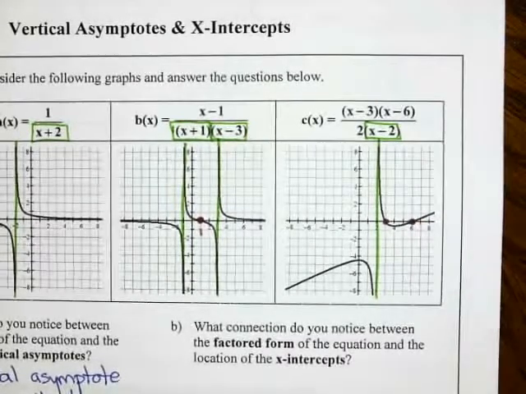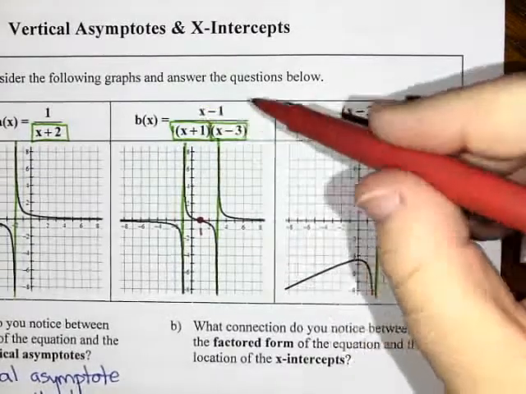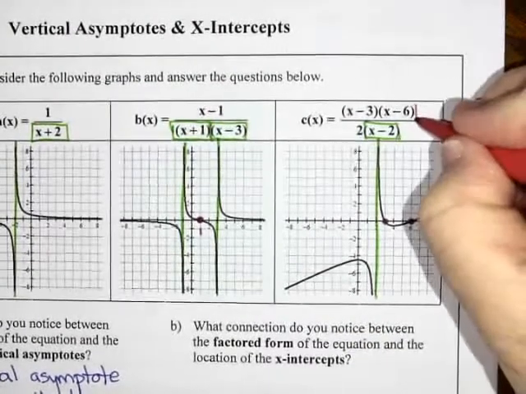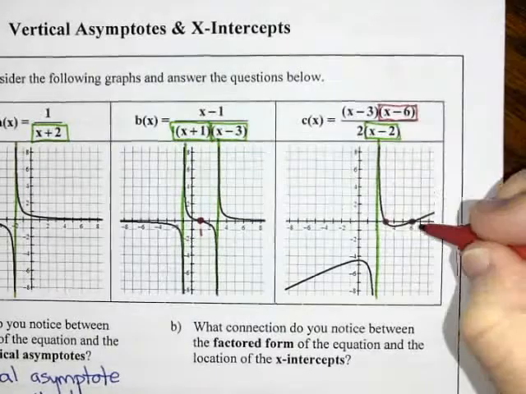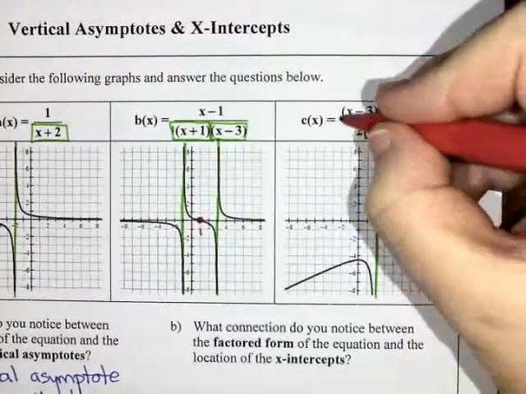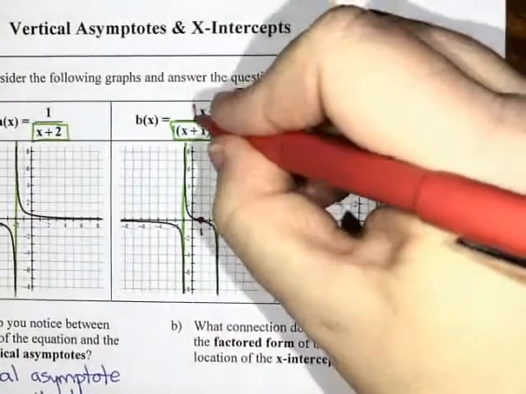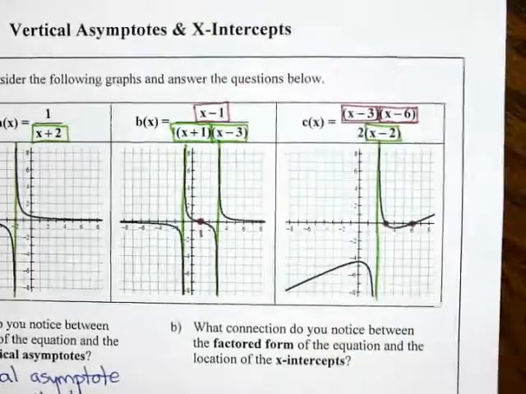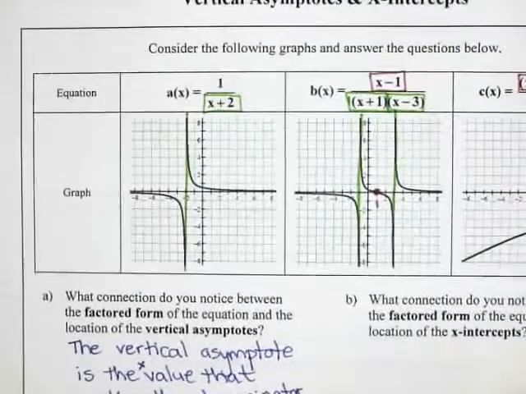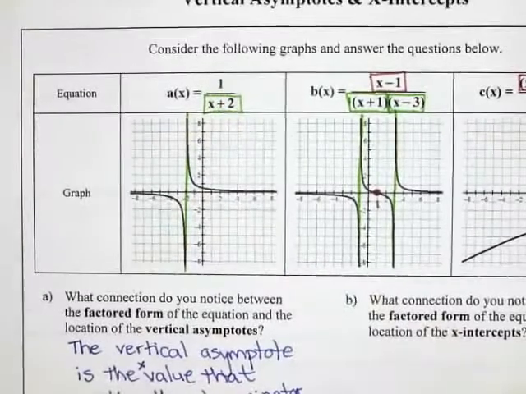We discussed x-intercepts with polynomial functions. If you look at this, you'll notice that x minus 6, if I do +6, 6 minus 6 is 0. If I take the 3, 3 minus 3 is 0. If I take the 1, 1 minus 1 is 0. And then here, I didn't have any x-intercepts, but I also didn't have any x's in the numerator.